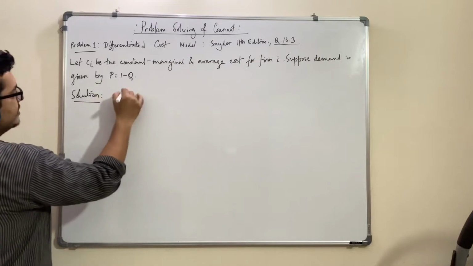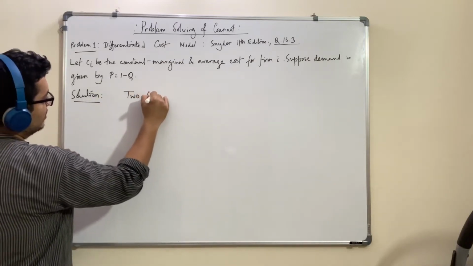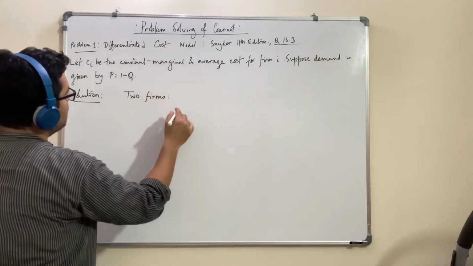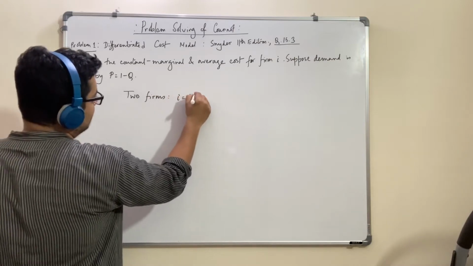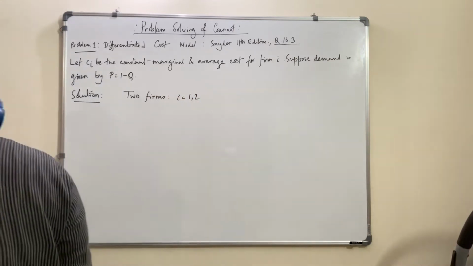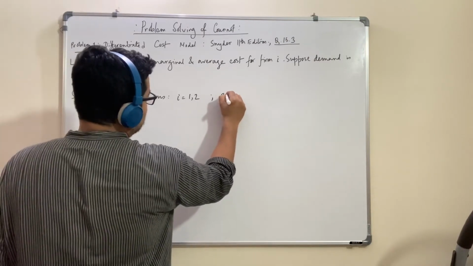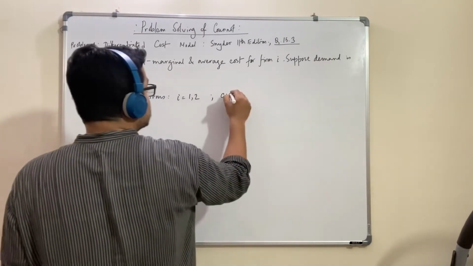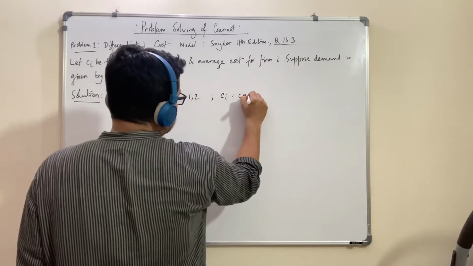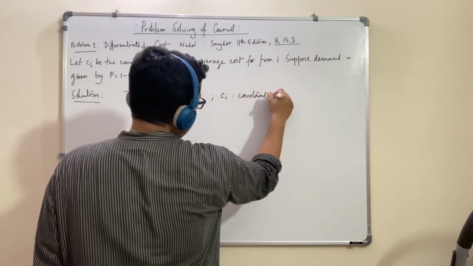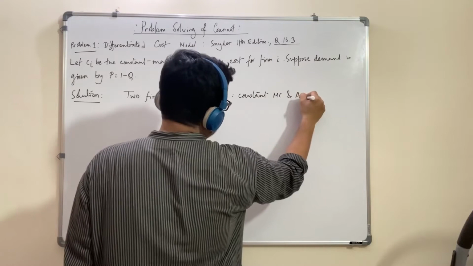So there are 2 firms, which basically means our i is 1, 2. And just to say, c_i is constant MC and AC.